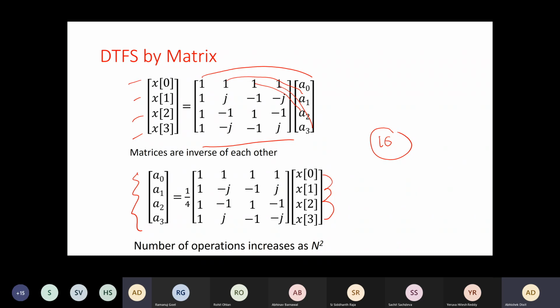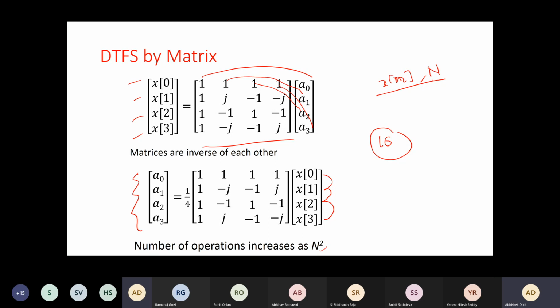And you can show in general, if we are looking at Xn, which is periodic with capital N, the number of multiplications will grow as N squared, which is bad, which is not the most efficient thing to do. So this is one problem in this DTFS, discrete time Fourier series.